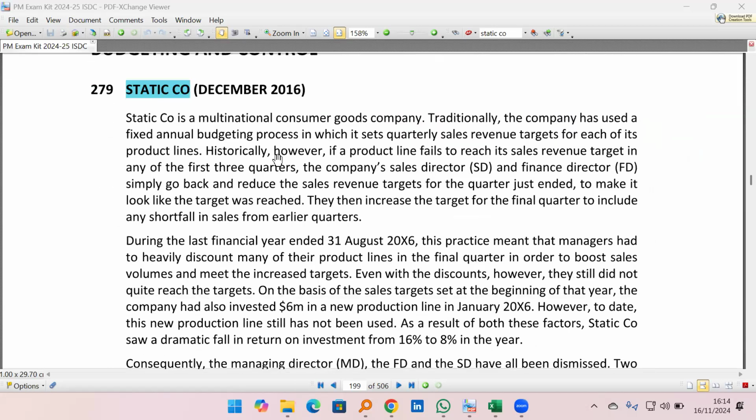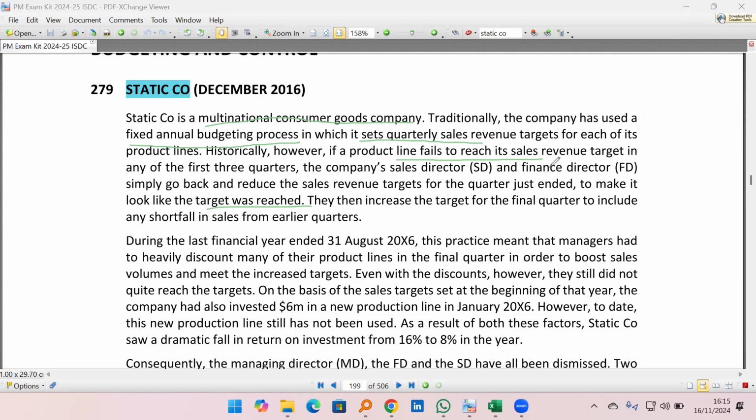So they're saying that Statico is a multinational consumer goods company, and it has used a fixed annual budget for its product lines. However, historically, if the product line would fail to reach the sales revenue target at the end of the first 3 quarters, then the director and the finance director would go back and reduce the sales revenue target for the quarter just ended to make it look like the target was reached.